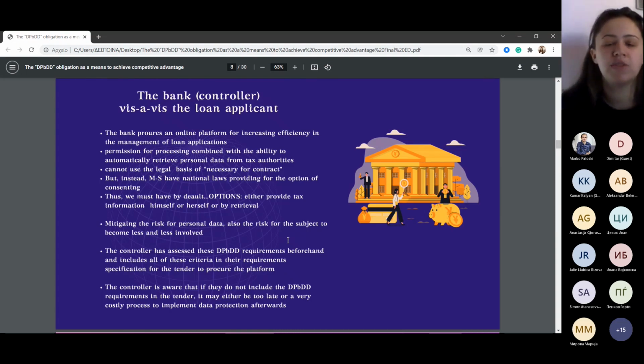So we have the bank, which is the controller, vis-à-vis a loan applicant. Keeping in mind the principle of lawfulness, we must consider that the bank procures an online platform for increasing efficiency in the management of loan applications.